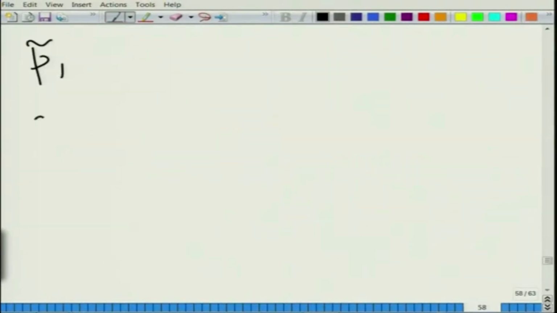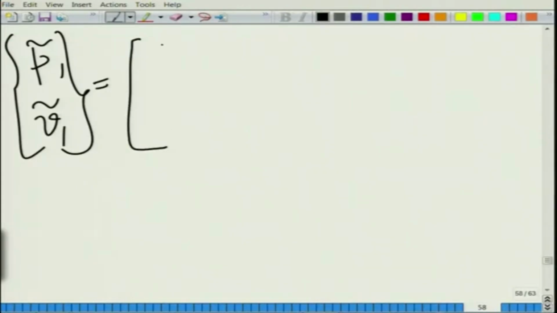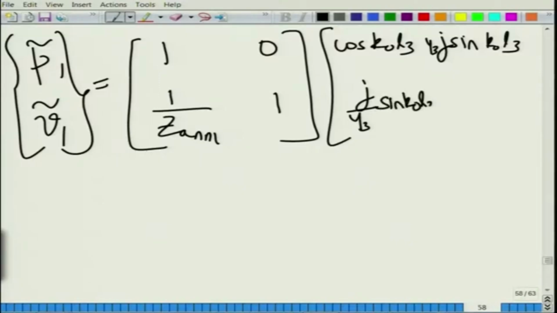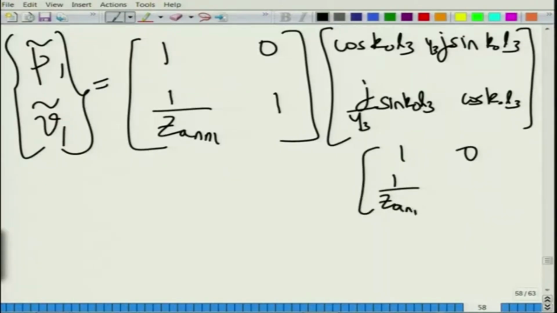P 1 and V 1 is equal to, it is going to be a bit lengthy, 1 by Z and 1 times, into Y 3, J by Y 3 into sine of k naught L 3 into cos of k naught L 3, times 1 0 1 by Z and 2 and 1, times P 6.